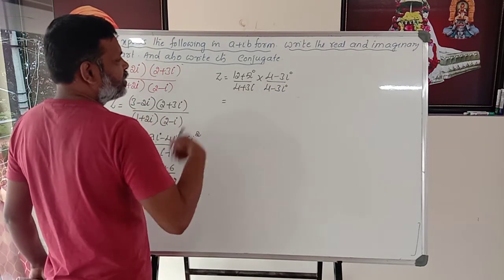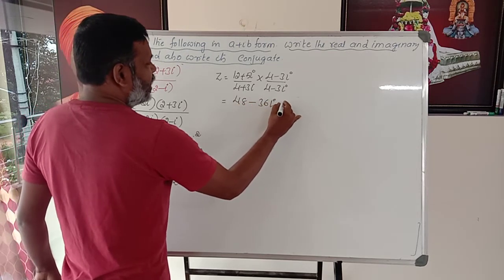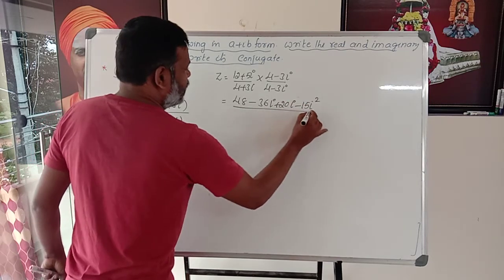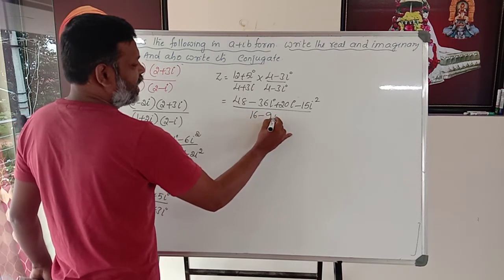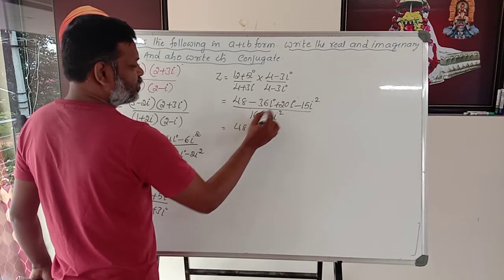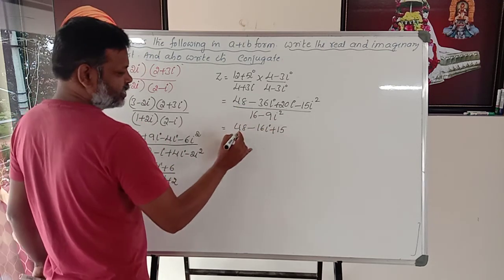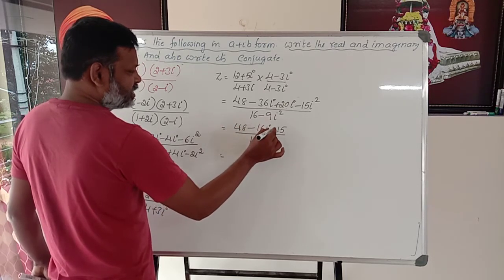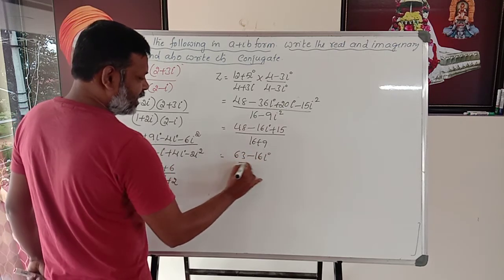Simplify, children. 12 fours are 48, minus 36i, plus 20i, minus 15i square, by multiplying the numerator, divided by a plus b into a minus b: 4 square 16 minus 3 square 9i square. 48 minus 36i plus 20i is minus 16i, plus 15. I square is minus 1, so divided by 16 plus 9. Now 48 plus 15 is 63, minus 16i, divided by 25.